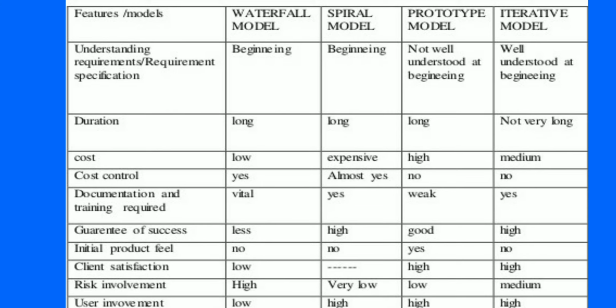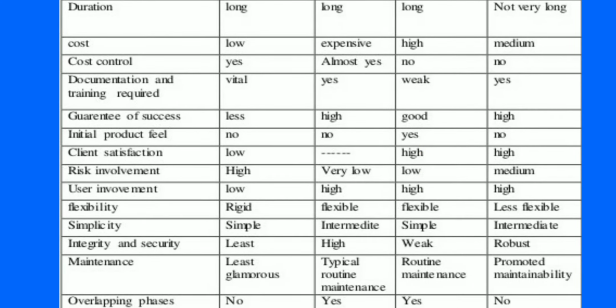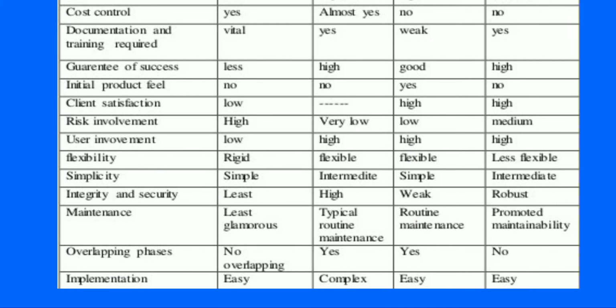Cost control: the waterfall model is yes, almost yes for the spiral model, and for the prototyping and iterative models there is no cost control. Documentation, training required, and next guarantees of success, initial product feel, client satisfaction, risk involvement, user involvement, flexibility, simplicity, integrity and security, maintenance, overlaying phases, and implementation.